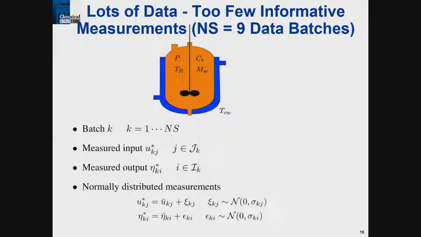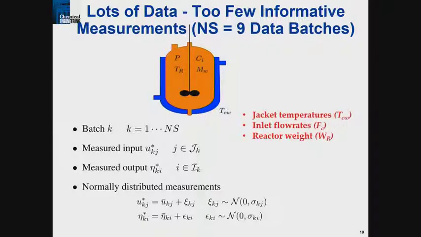The problem is that we have this reactor, okay, we have batches of data, we have measured inputs, we have measured outputs, we assume normal distributions on the measurements, and we can probably get a good idea of how the instruments work in order to do this, but we have inputs that are basically temperatures, flow rates, the amount of reactant we dump into the reactor at the beginning, and we have very few endpoint concentrations.